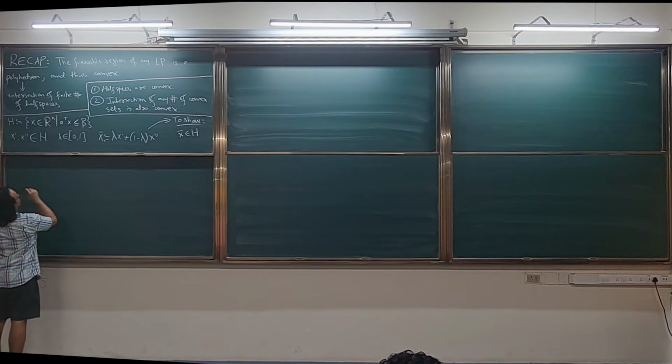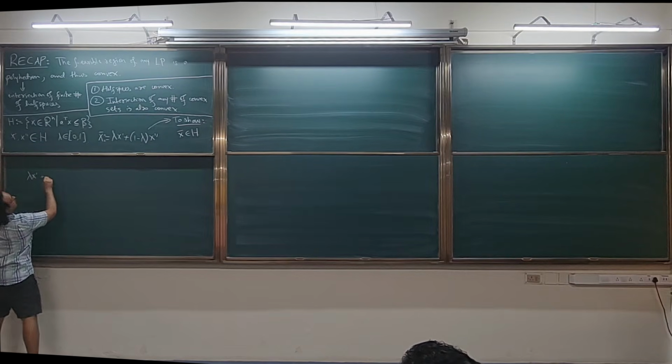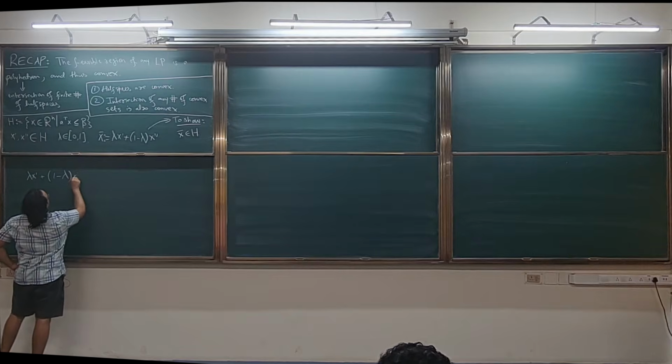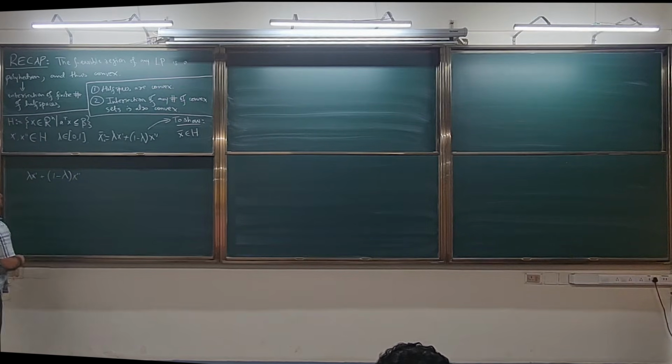So let's see. So lambda times x prime plus 1 minus lambda times x double prime. This is exactly what we want to show belongs to the half space.